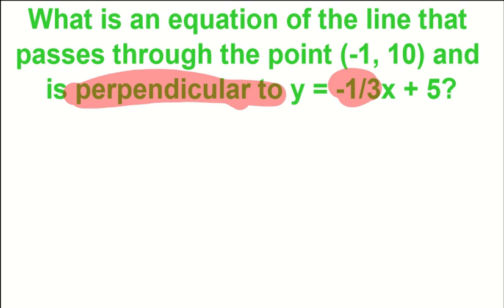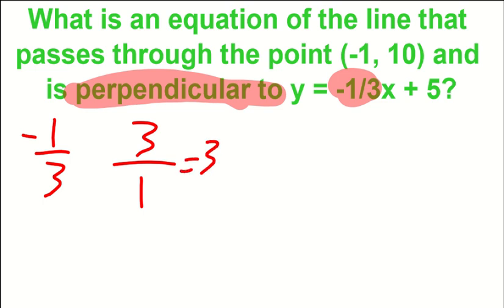So what do we do when we have a perpendicular slope? Flip it and change the sign. So our negative 1/3, when we flip it, becomes 3/1. It was negative, we change it to positive. 3/1, just 3. So then we use our ordered pair to find the y-intercept.